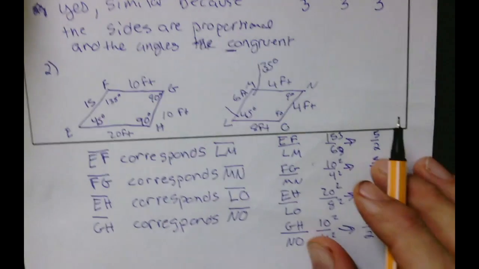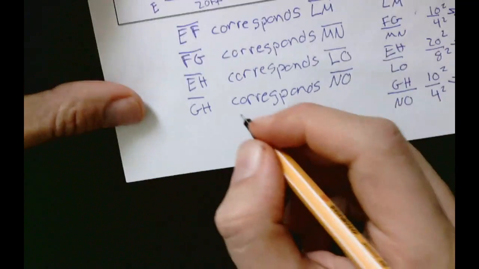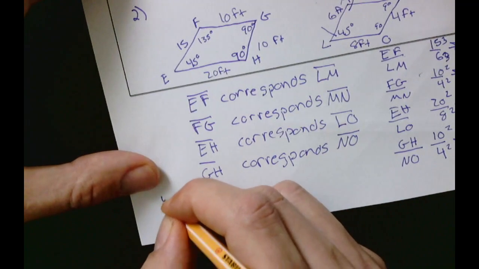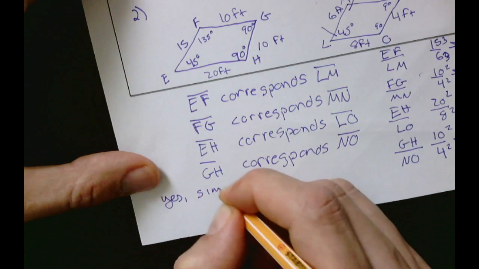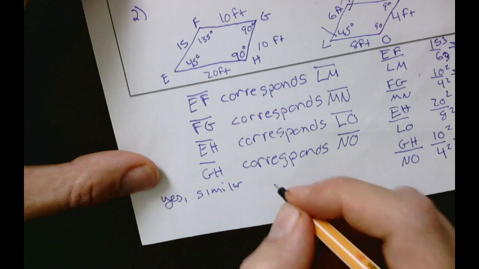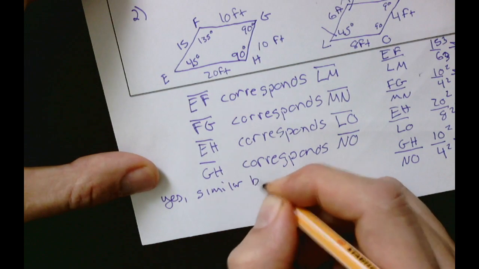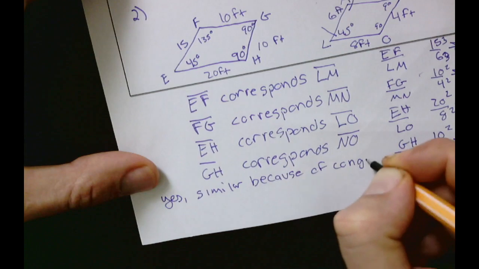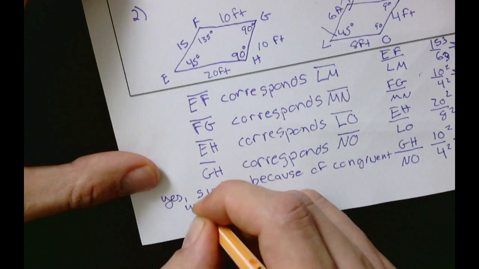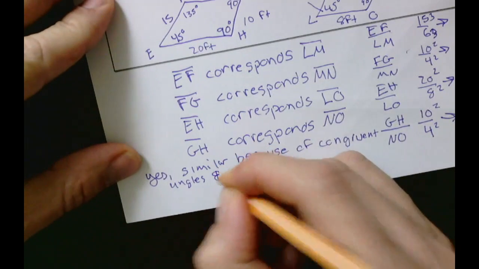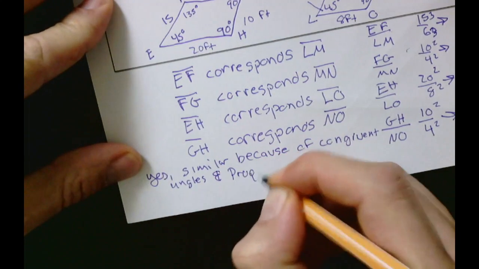So we can therefore conclude that these two triangles, well, I should say shapes, are in fact similar because of their congruent angles and proportional sides.